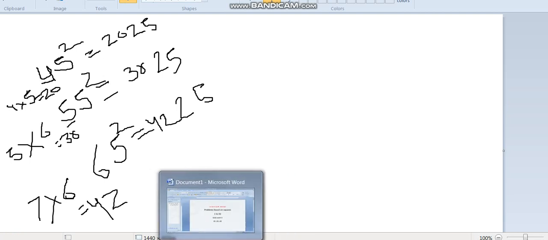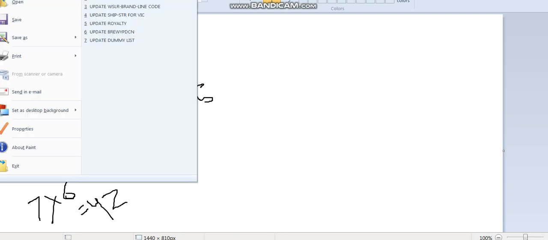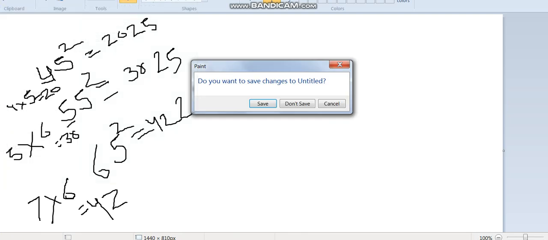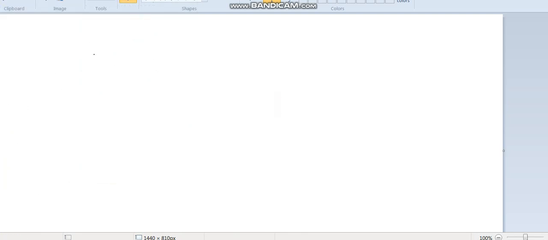The next technique is if the number is more than 50. The same technique applies. If you want to find 54 square, the base is 25. How much more than 50? 4. Earlier, for numbers lesser than 50, we subtracted from 25. Now we will add to 25.